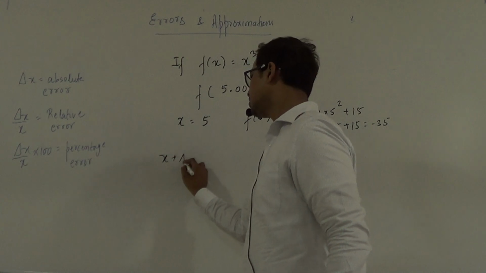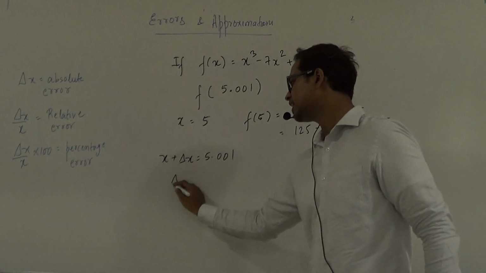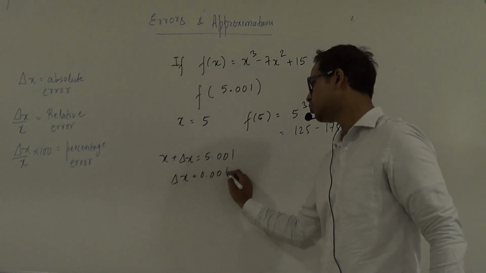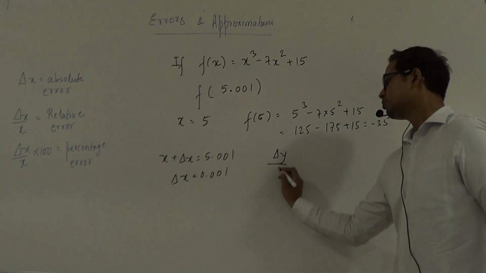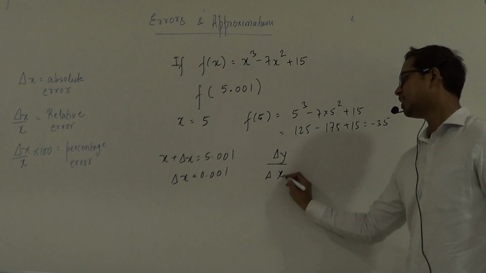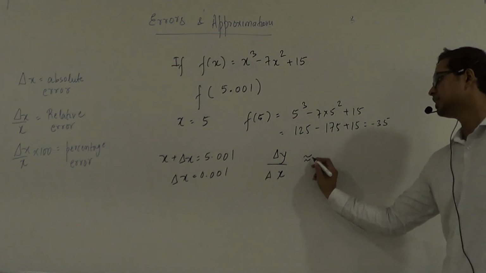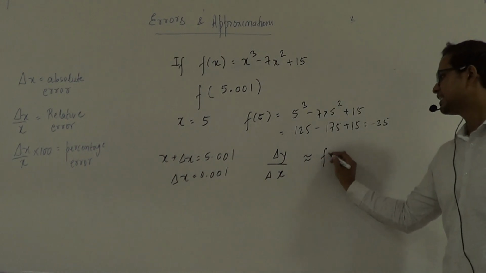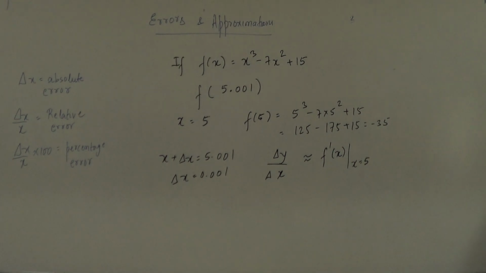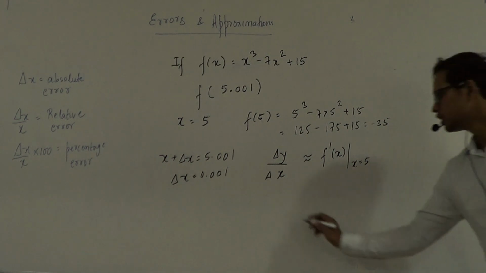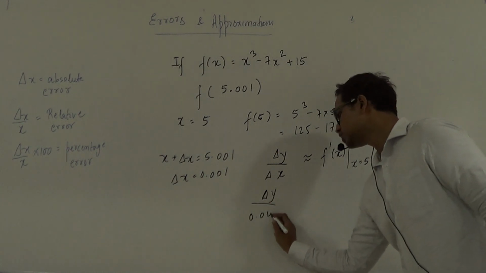But because of some error, you'll have to check the new value. So now here the error is plus 0.001. We'll use the formula that the change in the value of the function by changing the value of the input parameter is approximately dy by dx calculated at where the error has occurred. So delta y is not known to us, delta x is 0.001.